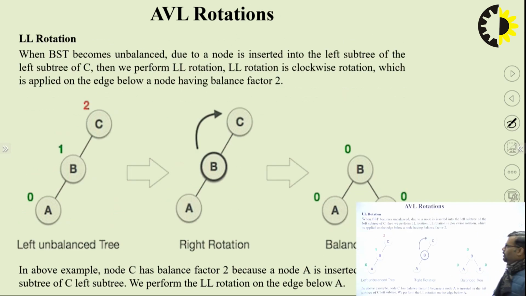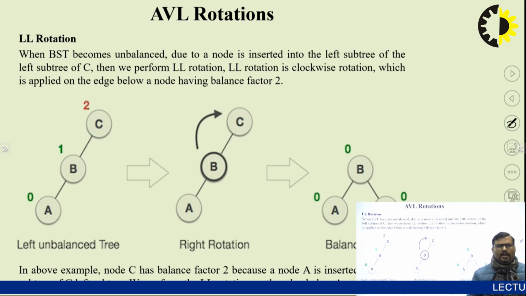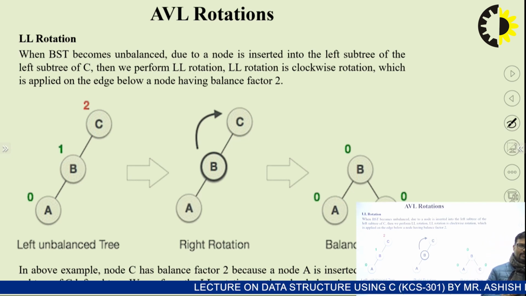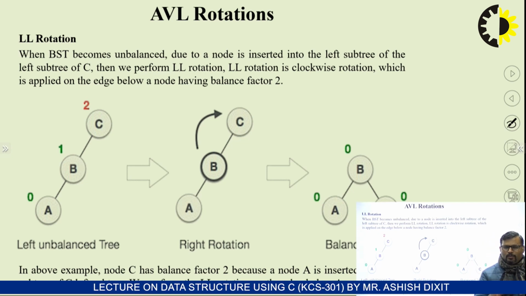Next, again we will take the example of the left rotation, LL. Left unbalanced tree: when a BST becomes unbalanced due to a node being inserted into the left subtree of C, then we perform LL rotation.